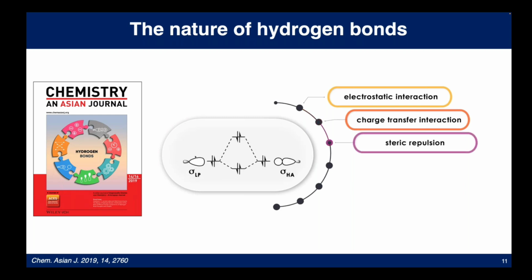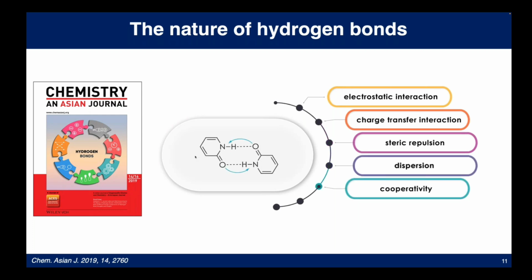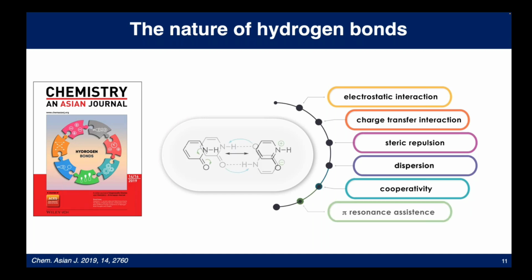There is steric repulsion, dispersion is there. There is also cooperativity: when you donate from one side, you do not have a charge accumulation on one monomer, and these hydrogen bonds become stronger. And you have pi resonance.